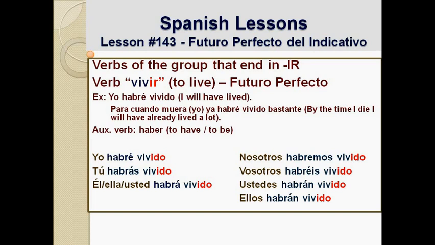Then the verb itself remains always the same, vivido, vivido, vivido, just with the right ending, okay? So I would tell you that this conjugation can apply to all the Spanish verbs, regulars and irregulars.